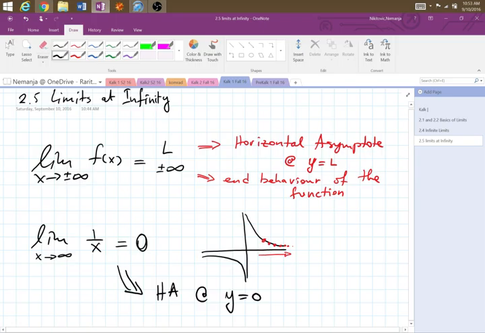Now more specific: can a function go through a vertical asymptote? No. Can a function go through a horizontal asymptote? Yes. So we'll have to be a little bit careful, and I will show you through these definitions why and how that actually happens.